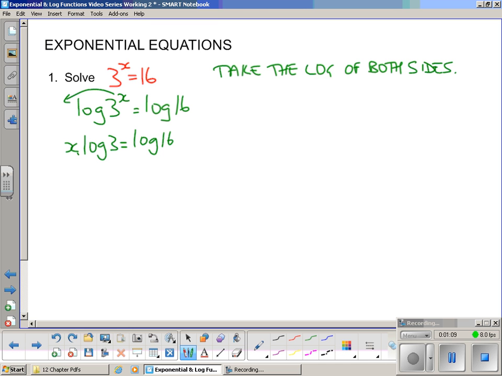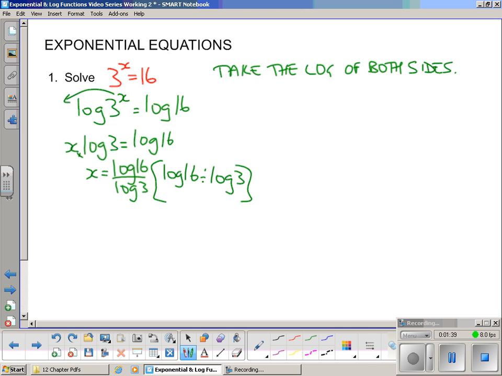And there's a multiply between there. So if we divide both sides by log 3, we'll have x on its own, which is what we need to solve equations usually. So we get log 16 over log 3. Now we can stick that straight into our calculator, log 16 divided by log 3, just pressing our log button.